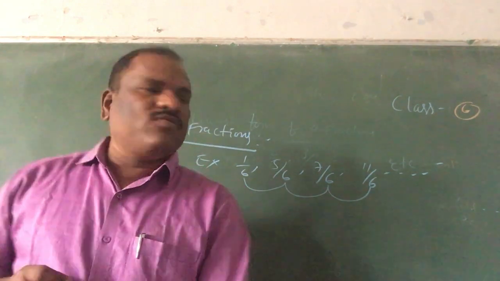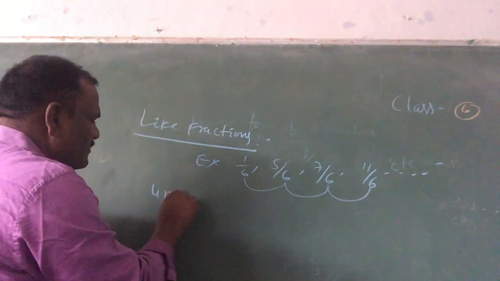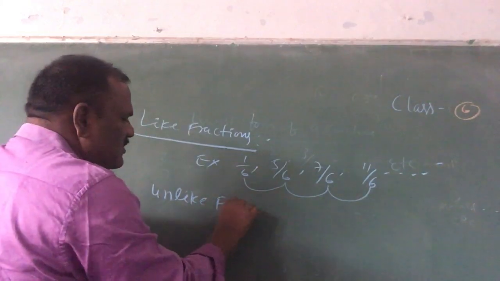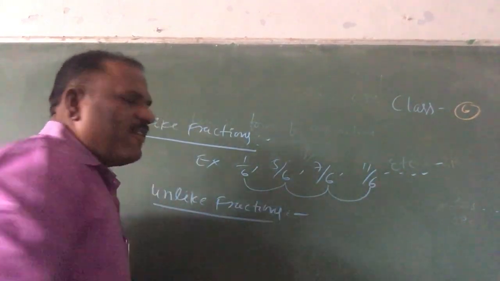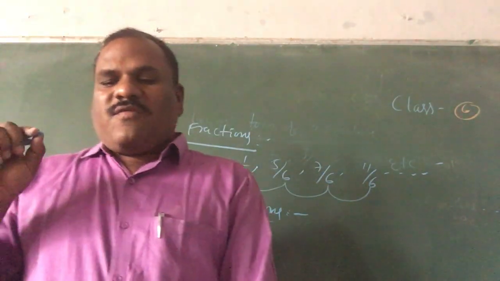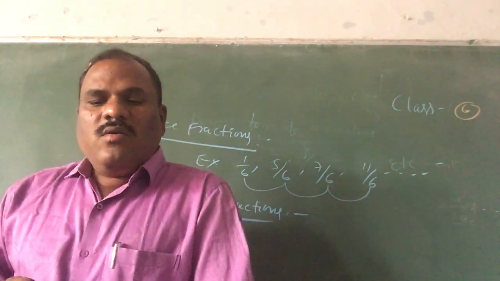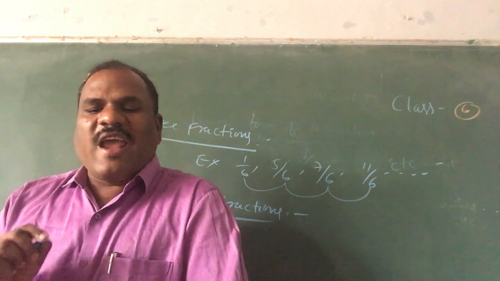Next, unlike fractions means what, children? Unlike fractions are the fractions where the denominators are not the same.